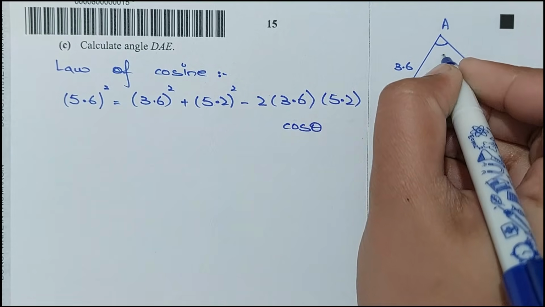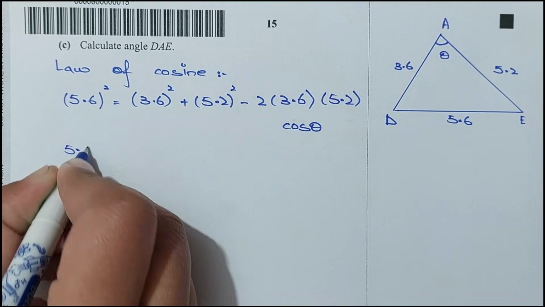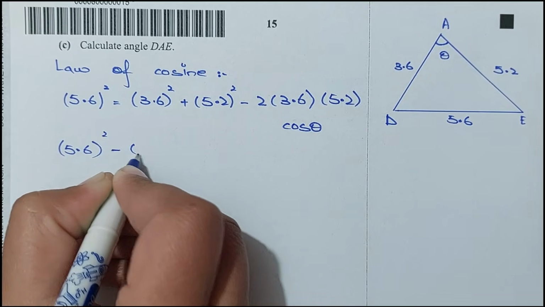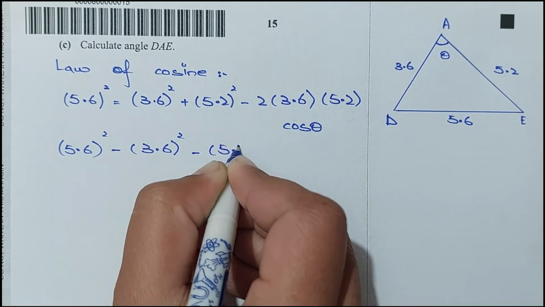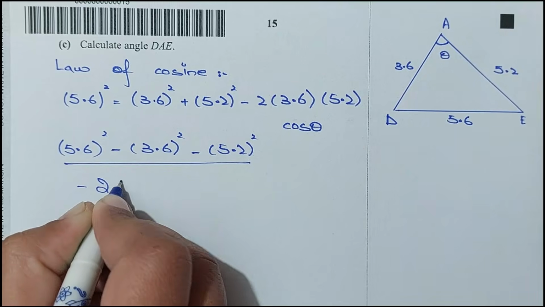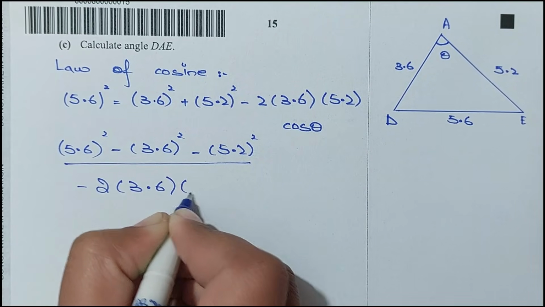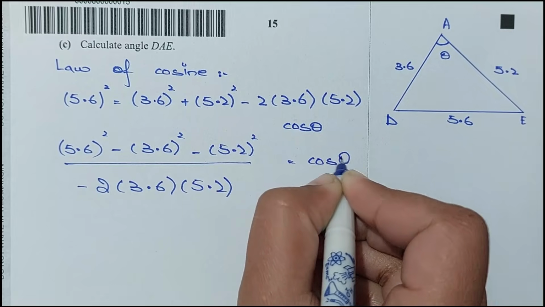Let's say this angle is theta, which we are dealing with. So 5.6 squared minus 3.6 squared minus 5.2 squared, divided by minus 2 times 3.6 times 5.2, is cos theta.